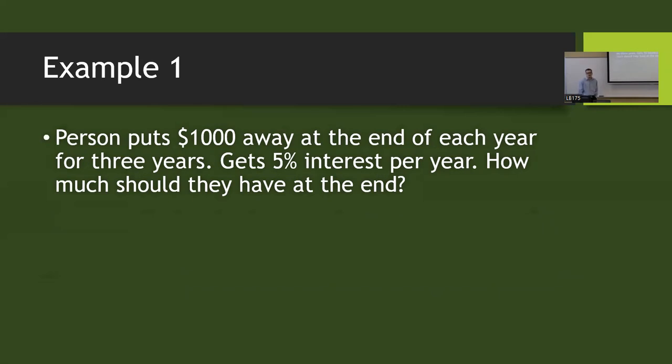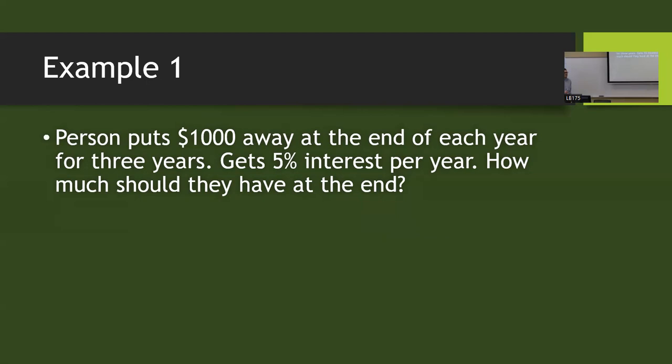Now, let me explain kind of what's happening with an example. And we're going to do a very simple example. A person is going to put in $1,000 at the end of each year for 3 years.